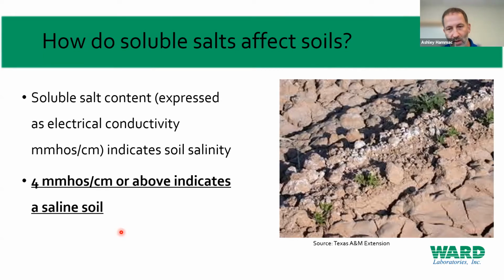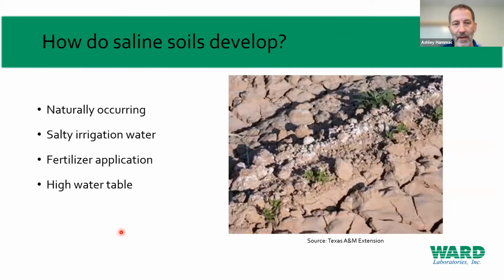But you want to pay attention to that number, 4 millimhos, and keep it below that if you're trying to grow normal crops. And really, you want to stay well below 4, because you could start seeing some signs even below that in some of the more sensitive species.